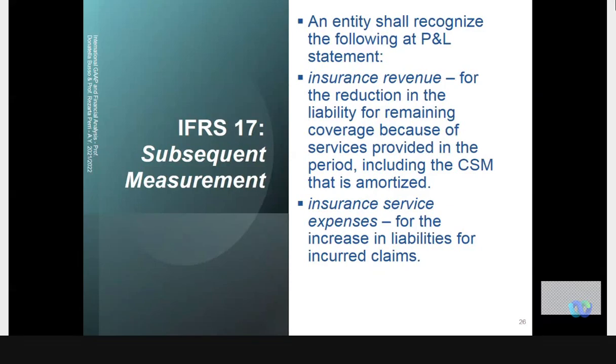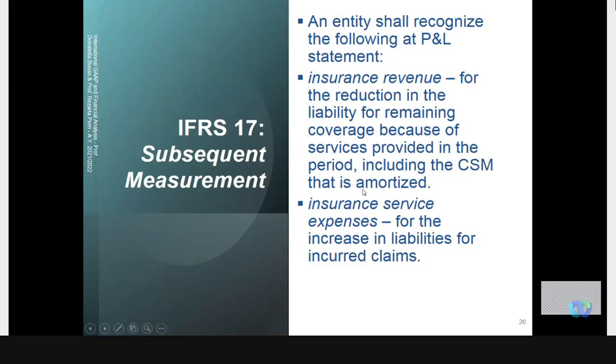To put it simply, if the insured event occurs, what will I need to pay to the third party? If the car accident happens, how much do I need to pay to that person? This is the insurance service expenses. Sometimes it may be zero, when nothing happens, you don't have to pay anything. Instead, you have insurance revenue and zero insurance service expenses for one contract.